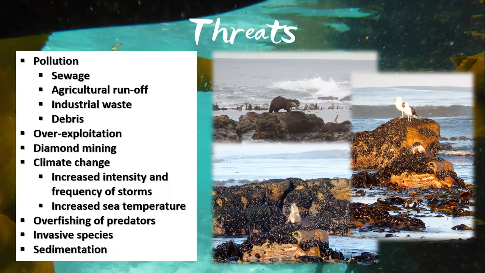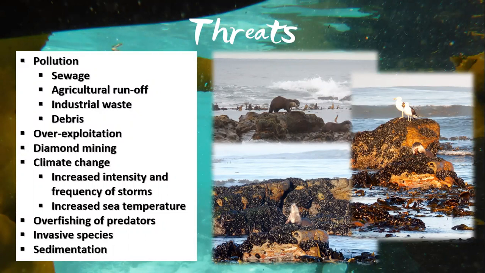Pollution in the form of sewage, agricultural runoff, and industrial waste cloud the water, change the nutrient and chemical balances, and cause localized toxic red tides, which could lead to mass lobster walkouts. Other pollution, such as debris coming from land or ships, can destroy habitats and entangle wildlife.